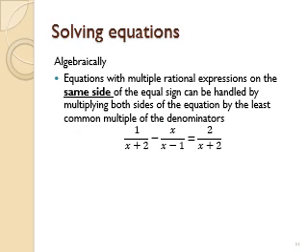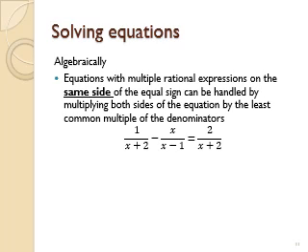So let's look at one last type of rational equation that you might have to solve. What if you had more than one rational expression, but they were on the same side of the equal sign? How would you handle this? Well, the easiest way to do that would be to multiply both sides of the equation by the least common multiple of the denominators.